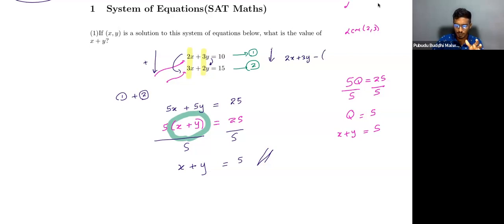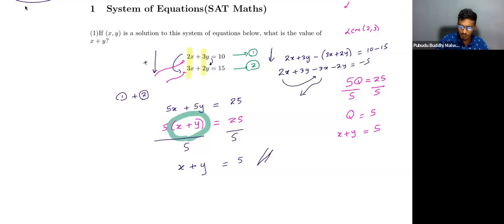Please put a bracket like this. 10 minus 15. So if we simplify these, 2x plus 3y minus 3x minus 2y equals minus 5, minus 1x plus 1y. What is that? That is basically y minus x.